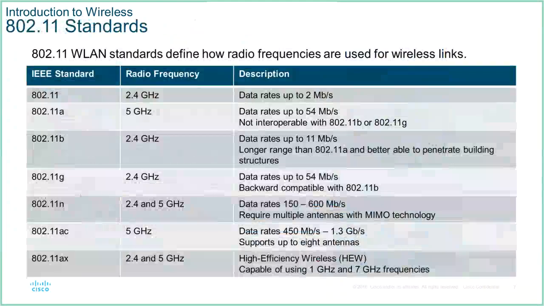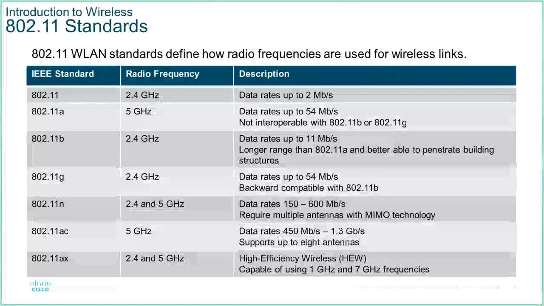Here's a table of all the relevant standards, their frequencies and bandwidth. Now these bandwidths, as you'll look at it and go, we went from 2 megabits per second, now we're talking about 1.3 gigabits per second using 5 gigahertz.